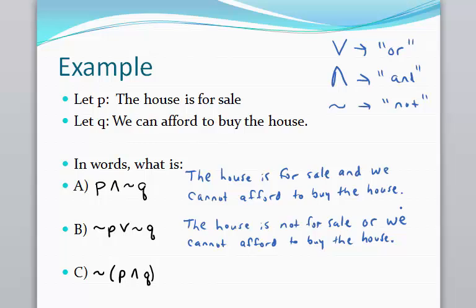Part C, we have the not symbol, and then in parentheses, we have P and Q. The not symbol tells us that the statement is false, and so we begin with that. It is false that, and then in the parentheses, P and Q. So P is that the house is for sale.